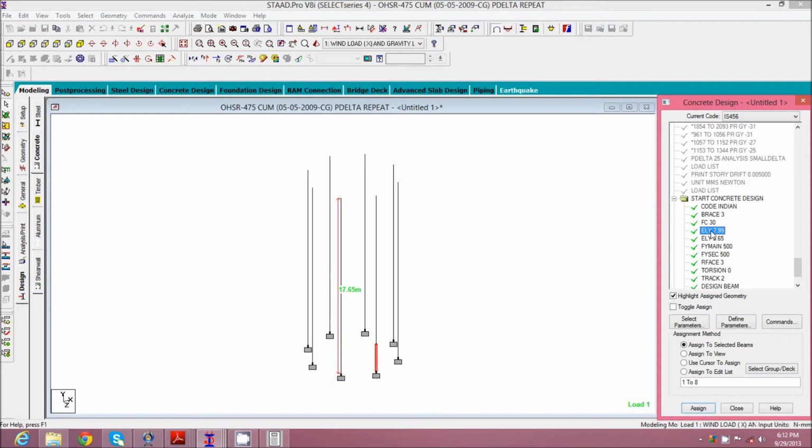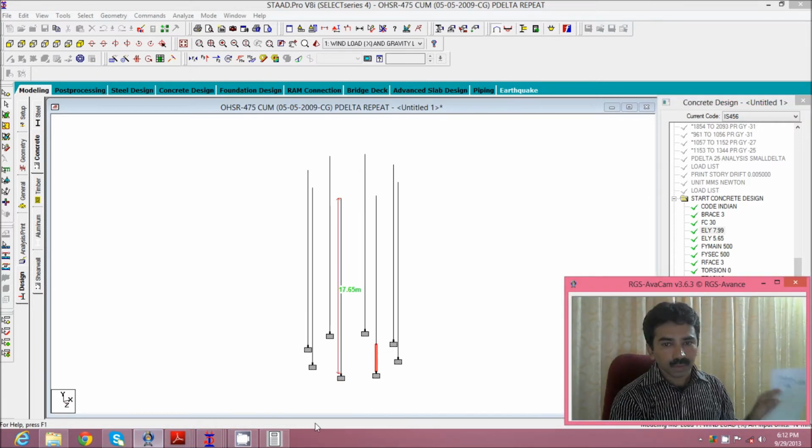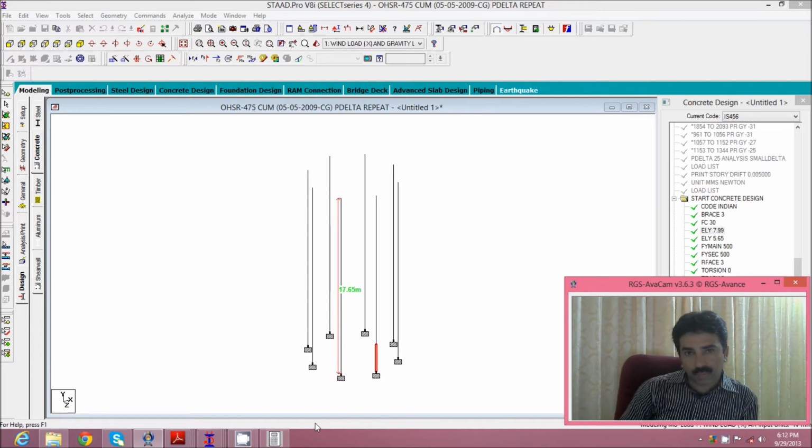So by giving this 7.99, we have got the slenderness ratio as 28.24.